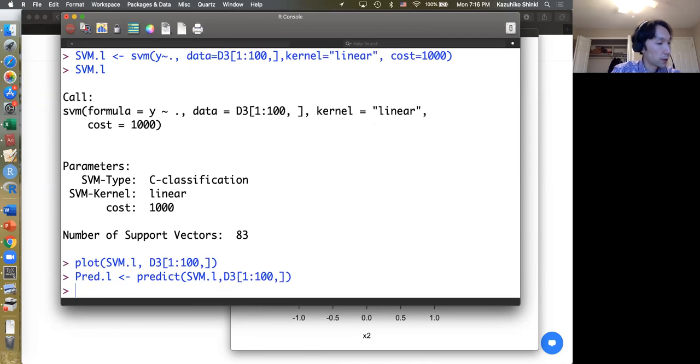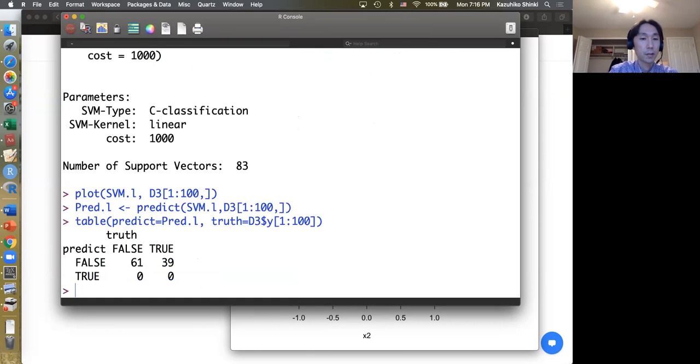Then we make a table of the predicted value and the true value. So it is always predicted as false, which does not make sense. In the best scenario, this is 61, this is 39, and the off diagonal terms are 0. But this basically does not make any sense.